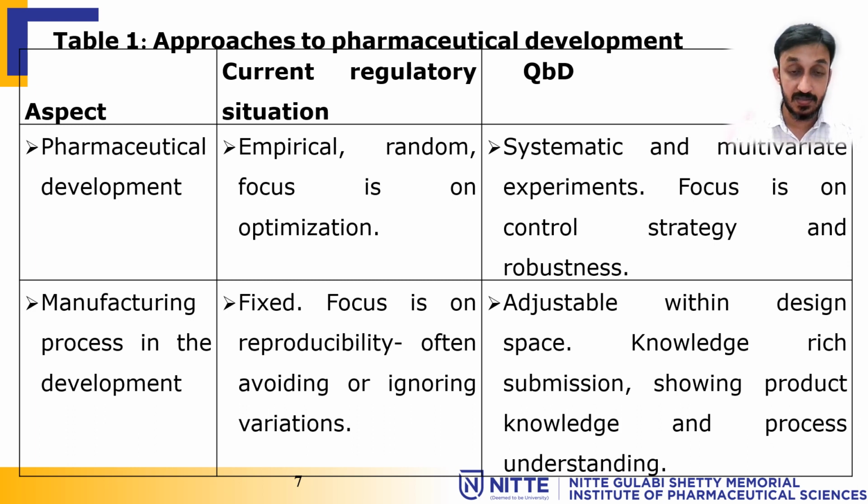Manufacturing process in the development is fixed in current practices and the focus is on reproducibility, often avoiding or ignoring variation. Whereas QbD is about adjustable within the design space. They allow a limit for the specification and knowledge submissions show knowledge and understanding of the process.